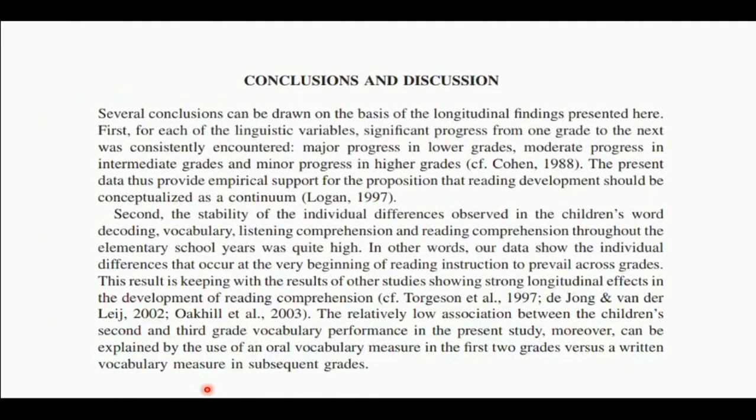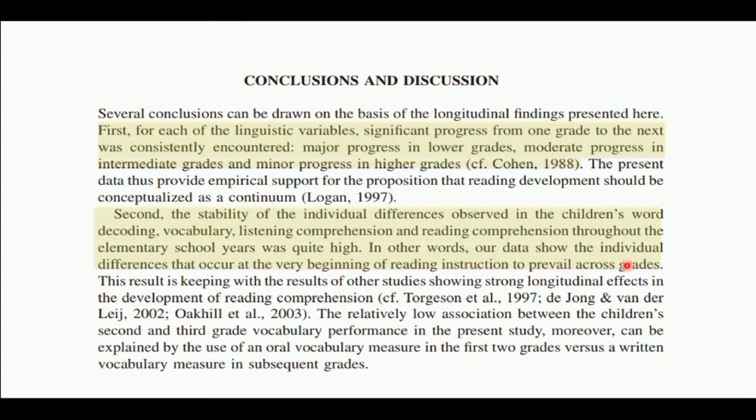So what did they write in their paper? Well, you've seen the stats, so you should be able to understand now whether their conclusion is supported or not. So for each of the variables, significant progress from one grade to the next was consistently encountered. The other thing they said was that there was stability of the individual differences. So for vocabulary here, the stability across elementary school years was quite high.